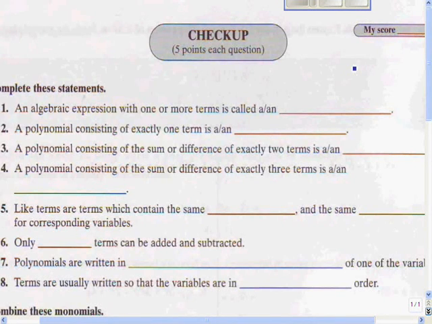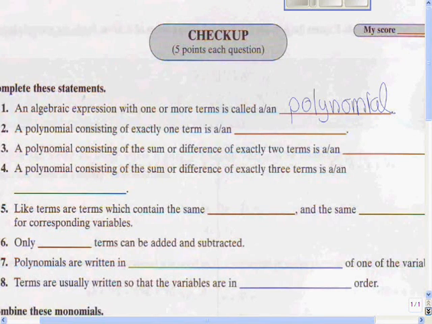Alright, well, let's do a review of what we learned on the last few pages. One of the things we learned is that an algebraic expression with one or more terms is called a polynomial. Remember, there are three kinds of polynomials: a monomial, a binomial, and a trinomial.